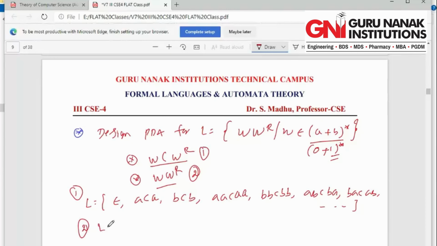For the second one, what is it? Epsilon, next. AA, next. BB, next. AA AA reverse, next. BB BB reverse. AB BA, BA AB. Is it clear now, all of you? Yes or no? Tell me.